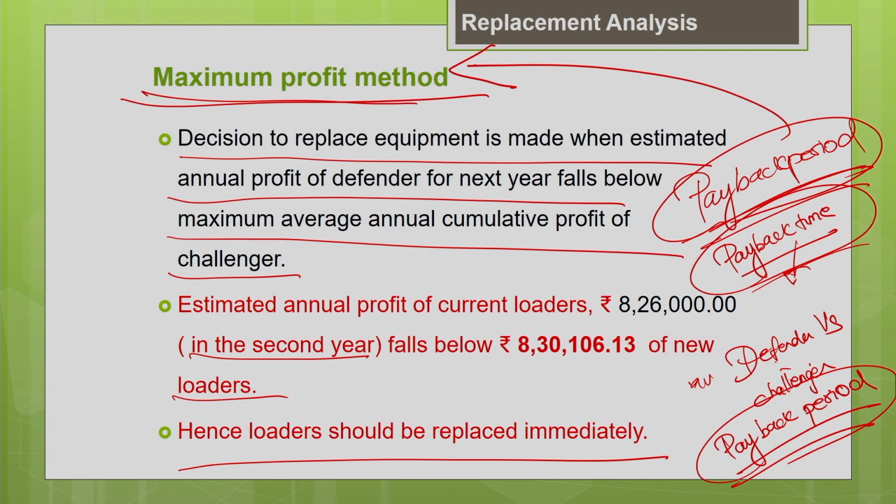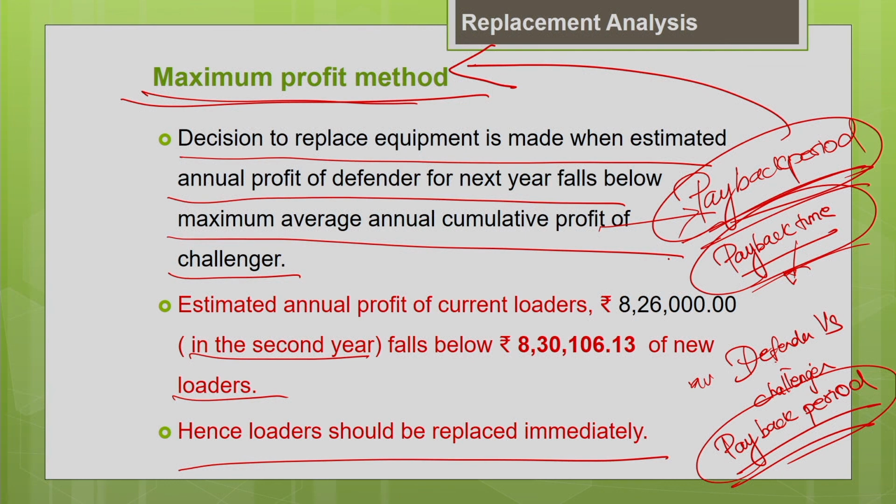The best approach is your minimum cost method and maximum profit method. Other methods like the intuitive method or the payback period method, you can use in combination with the other methods to have a comparison of different replacement decisions.